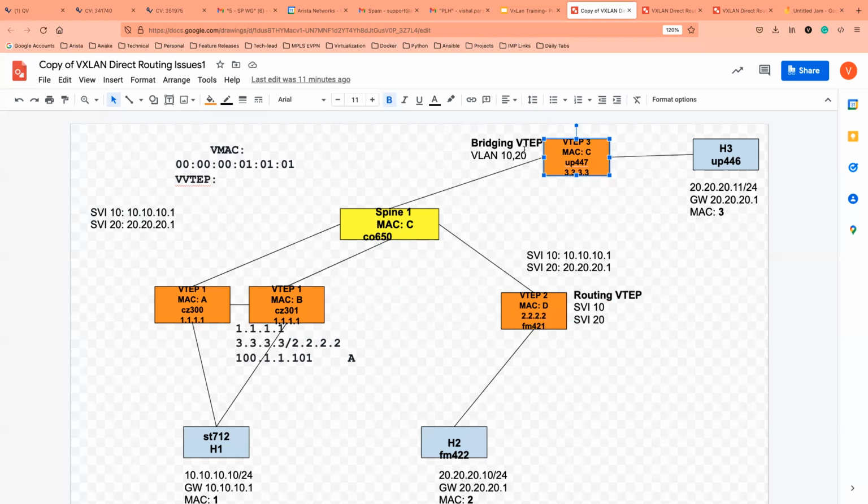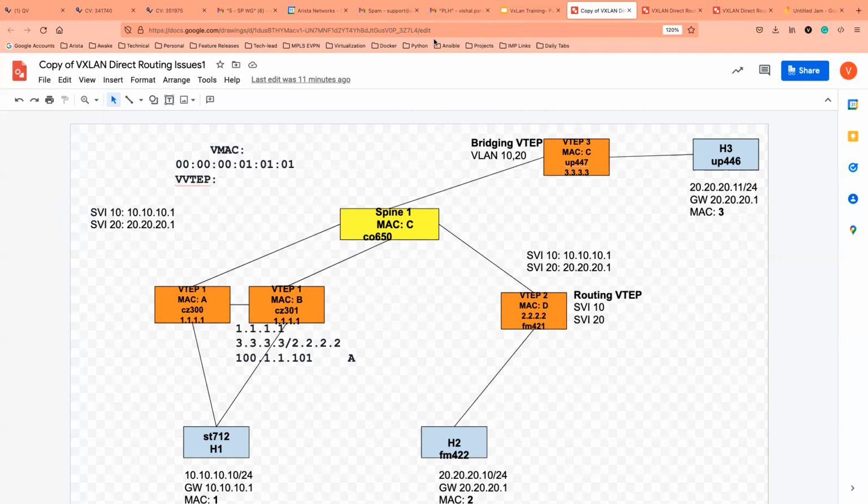Yes. If VTEP 3 is only a bridging VTEP, obviously it doesn't have to learn ARP, but it has to learn the MAC addresses of all the hosts with whom it's communicating. So if H3 is communicating to H1, then the H1 MAC should be there. It has to learn. Got it. Thanks.